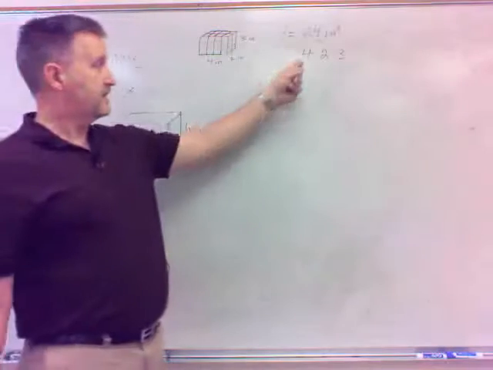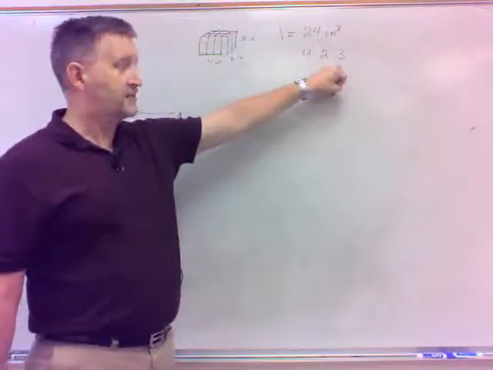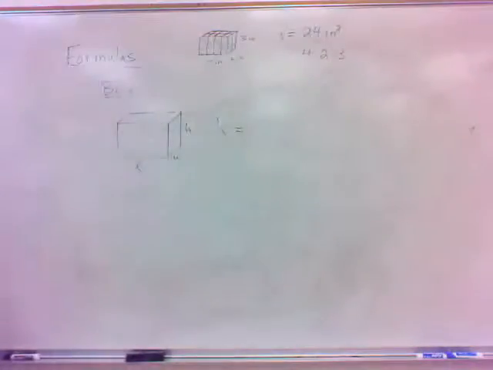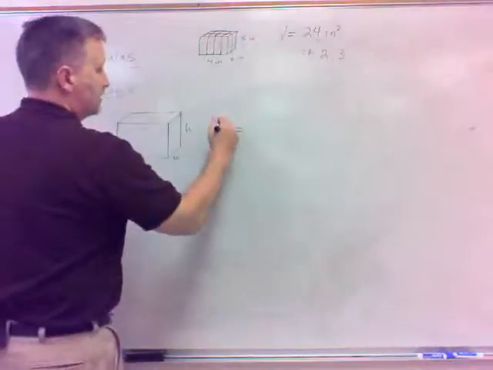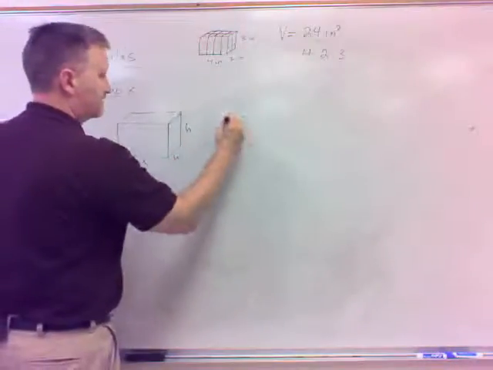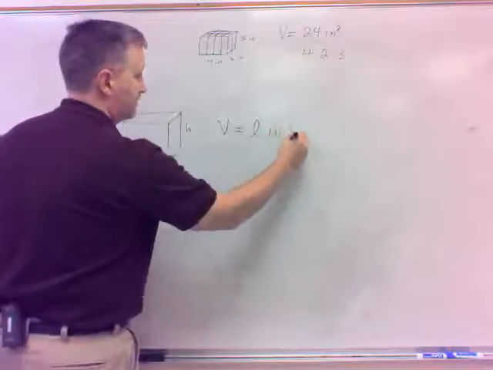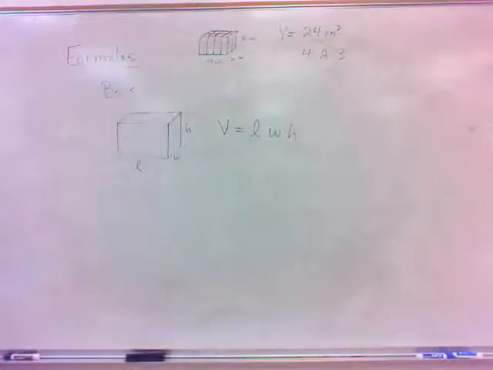If you take the length times the width times the height, this gives you the volume of your box. So it's pretty nice. Volume for a box is length times width times height. Okay?